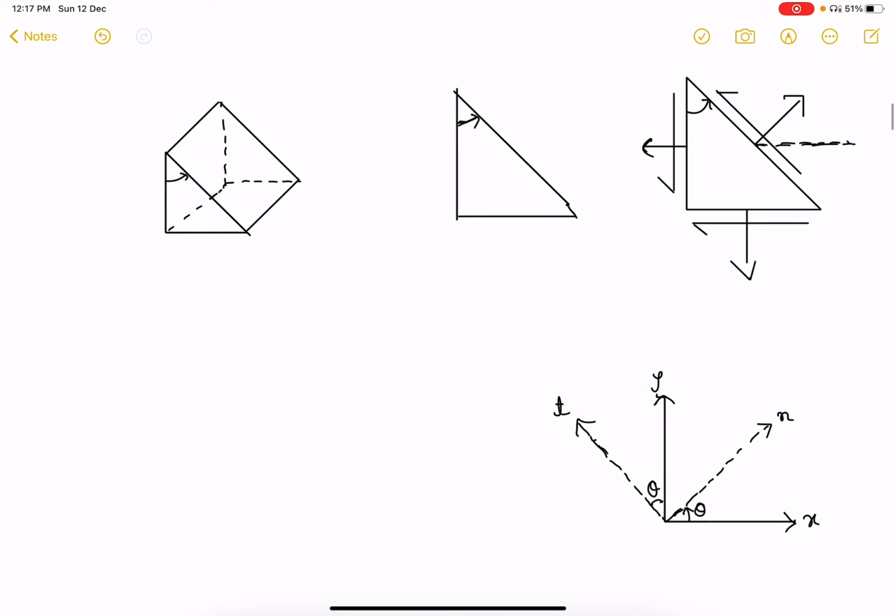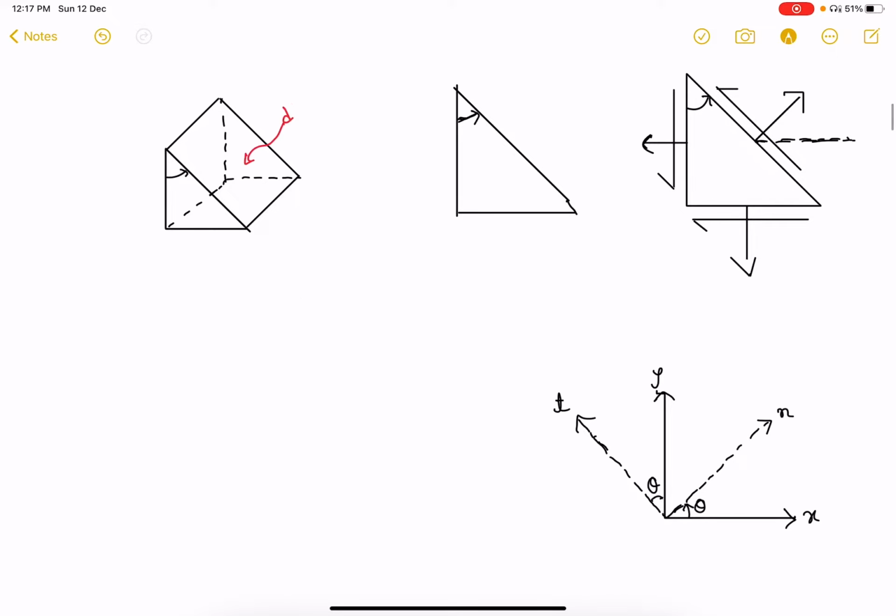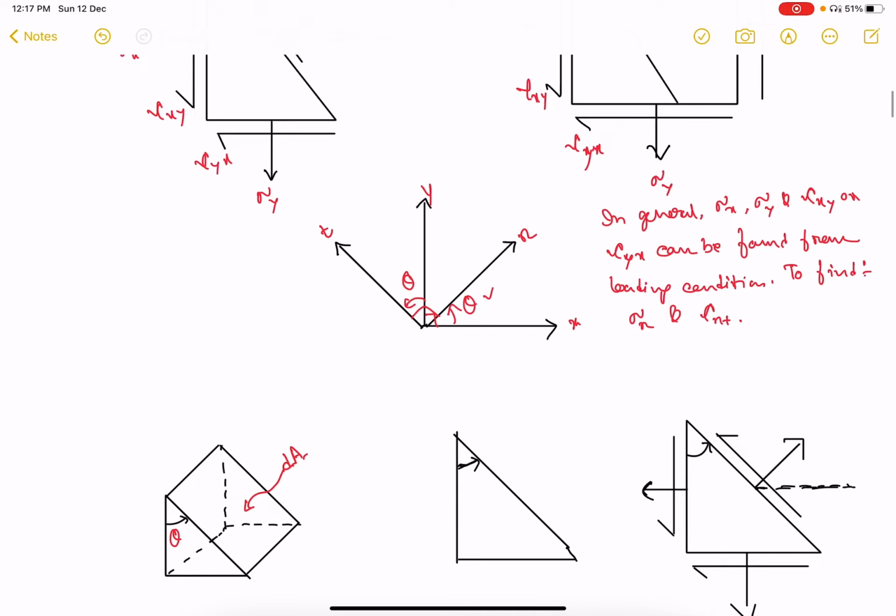Now let this be the area of the inclined plane, and this is theta. Clearly we have seen here it is theta.